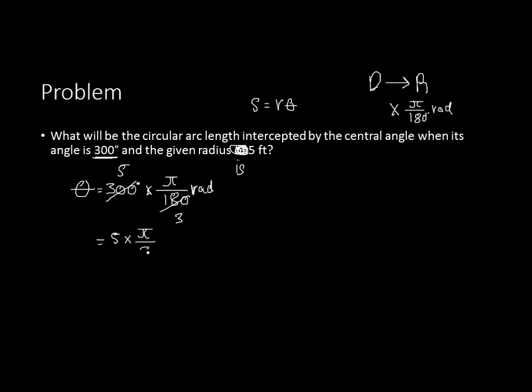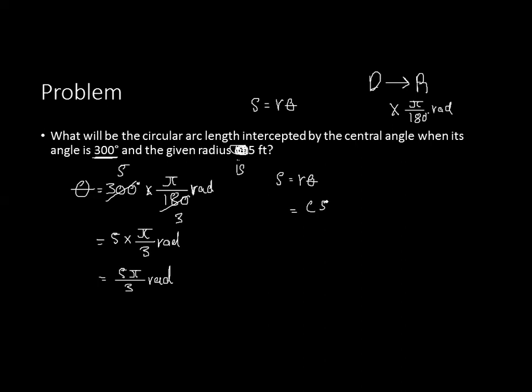We can now find our final answer. 5 times pi all over 3 radians gives us 5 pi all over 3 radians. So that's good that we already converted the given angle into radians. Now we shall substitute the angle in radians and the given radius in this formula.